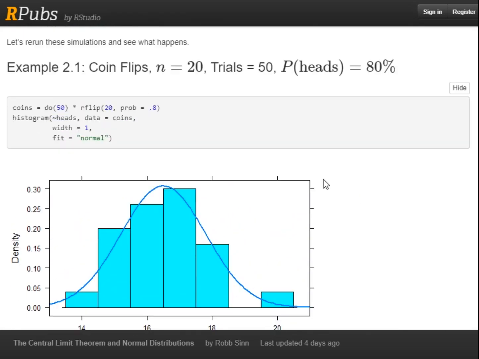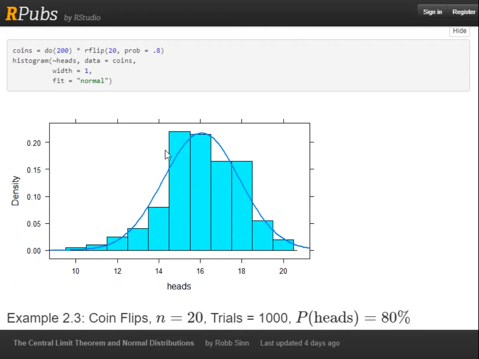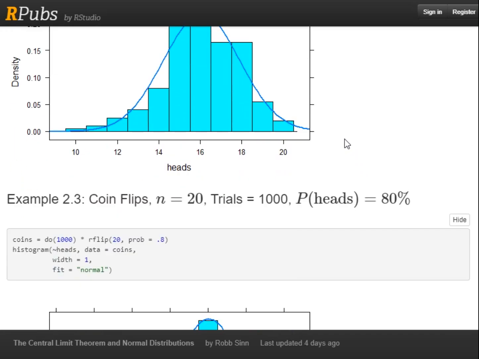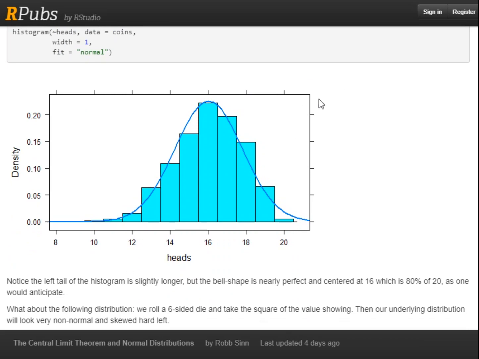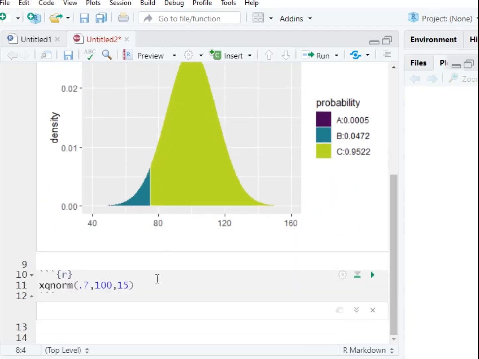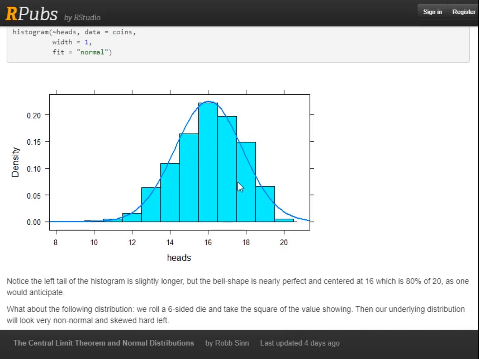Here we only do 50 trials, but then we do 200 trials, and you can see the bell shapes emerging. So definitely go through the dynamic course notes in R Studio, use this document, and then create your own notebook and practice with these different things.